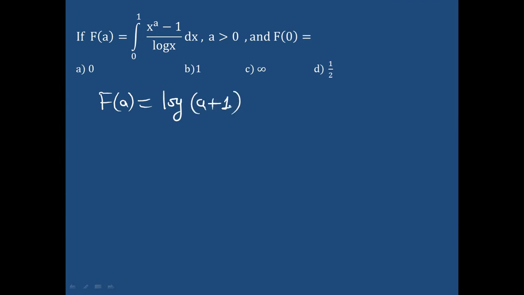How will you get f of 0? Just put a equal to 0 over here. What we get? Log of 1. And log of 1 is nothing but equal to 0. So f of 0 is 0. So answer is option number A.